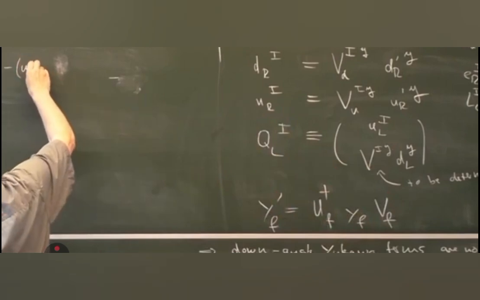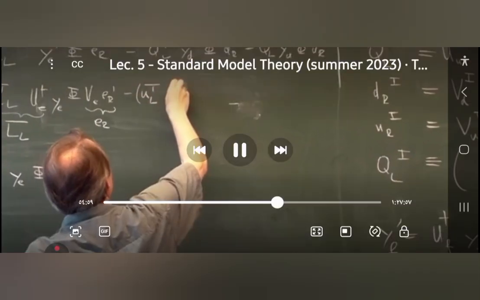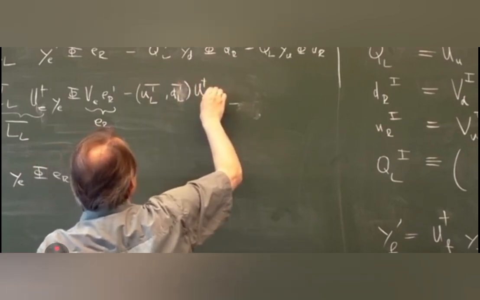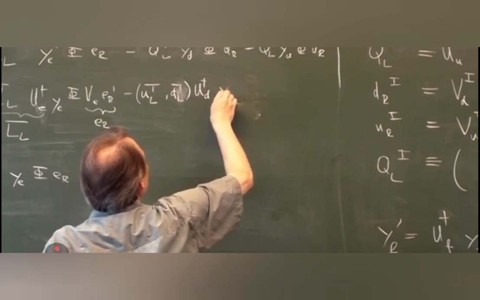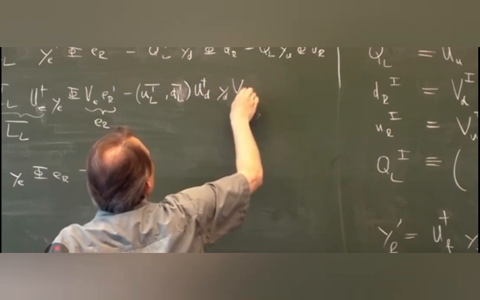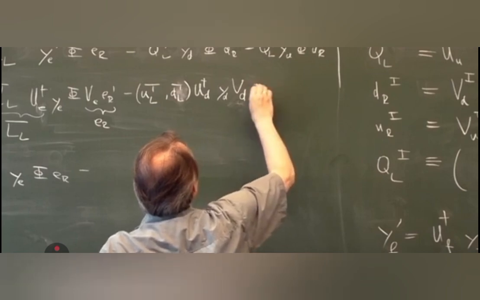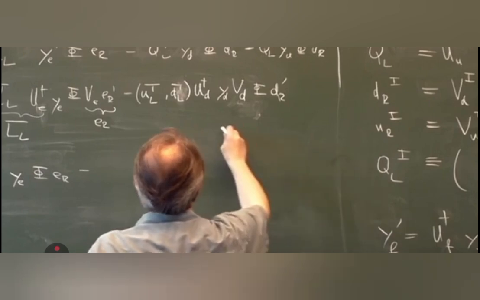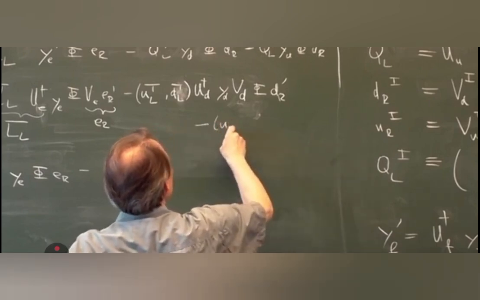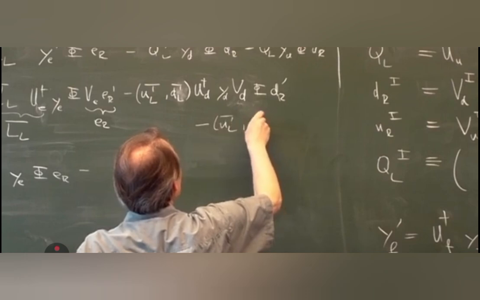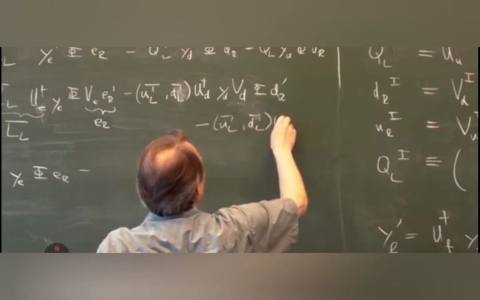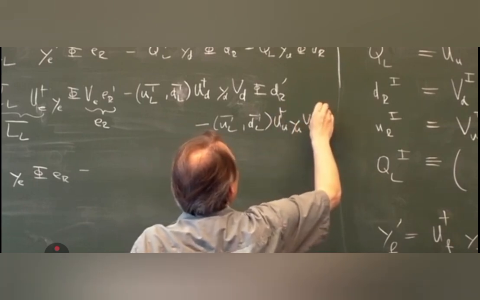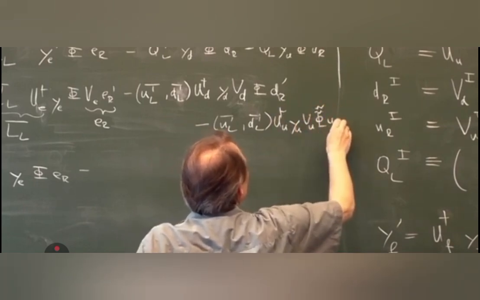So we have here (u_L' bar, d_L' bar) times U_D dagger Y_D without prime V_D without prime times phi times d_R', minus (u_L' bar, d_L' bar) times U_U dagger Y_U V_U phi tilde u_R'.